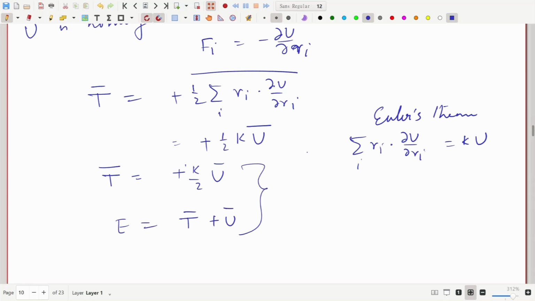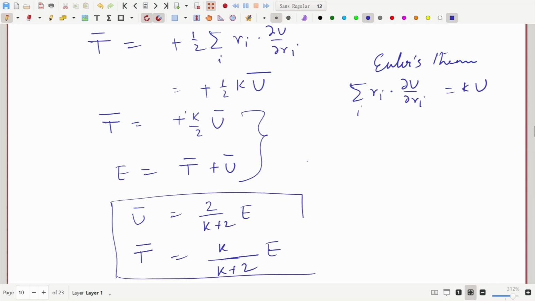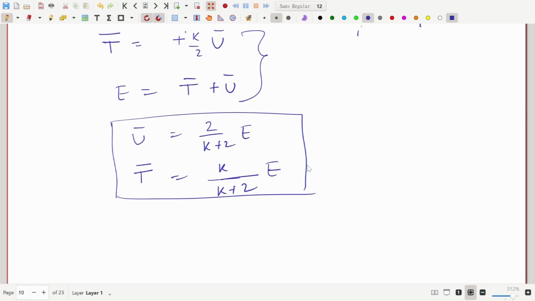If we combine these two equations and substitute T bar, we get U bar equal to 2 by k plus 2 times the total energy E, and T bar equal to k by k plus 2 times E. This result we obtain from the Virial theorem when the potential is a homogeneous function of degree k.